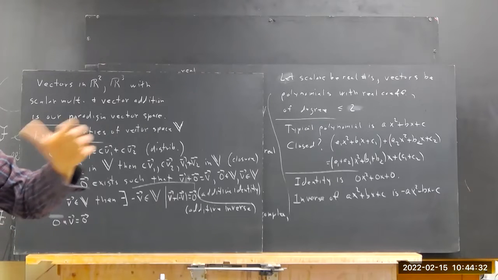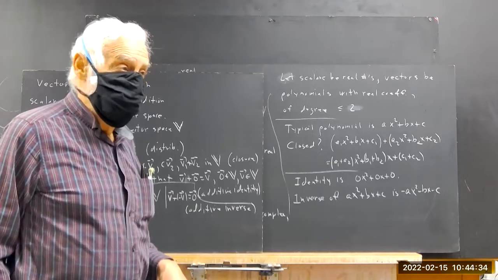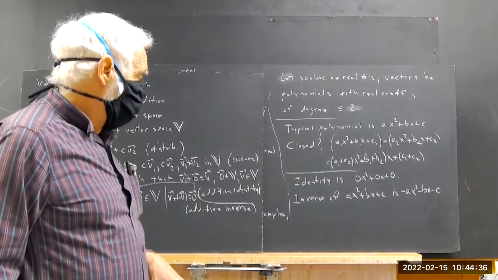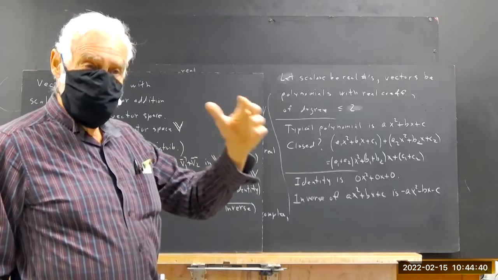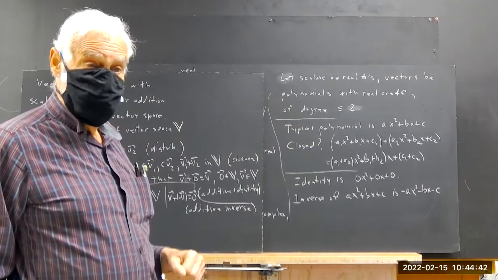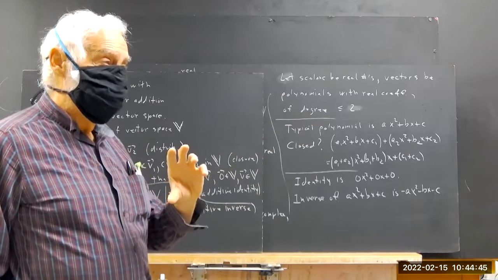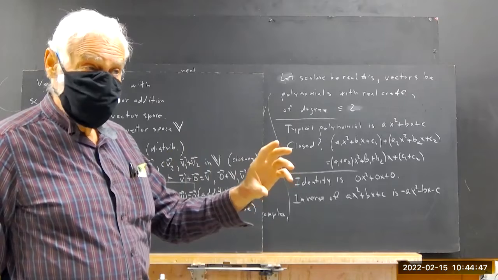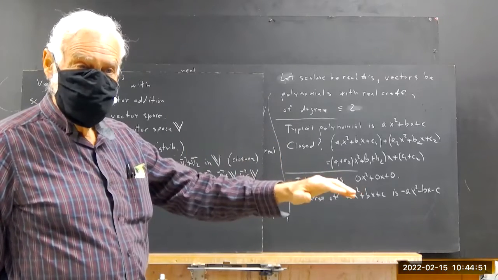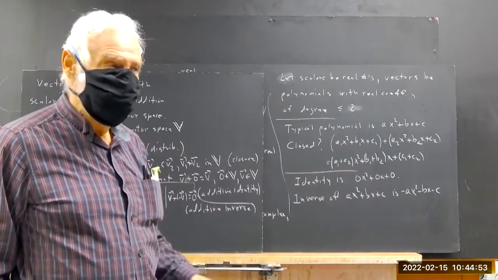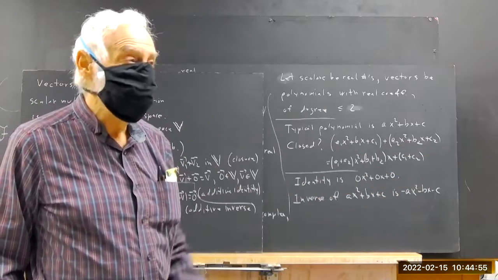I said continuous functions. If you add two continuous functions, you get a continuous function. If you multiply a continuous function by zero, you get the zero function, which is nice and continuous. It's perhaps a nice flat line along the x-axis.